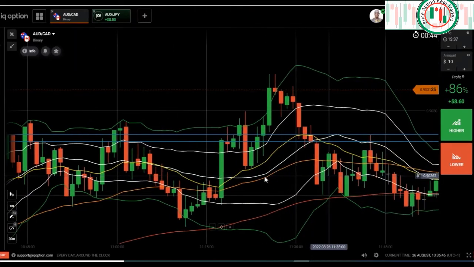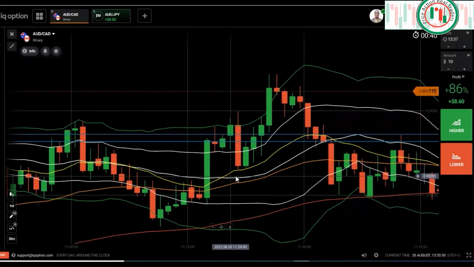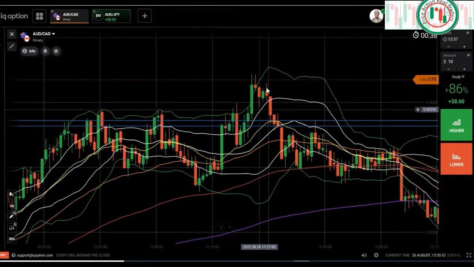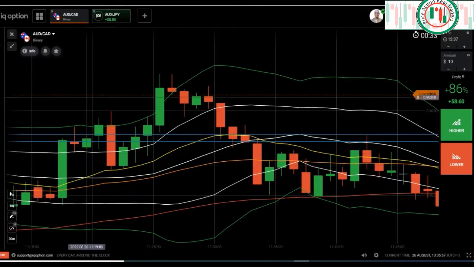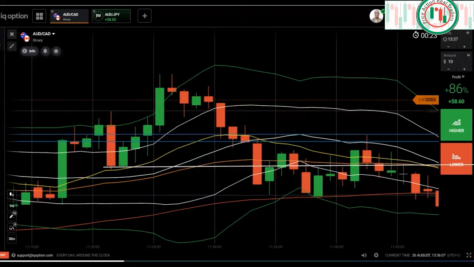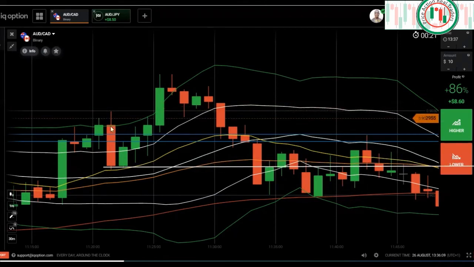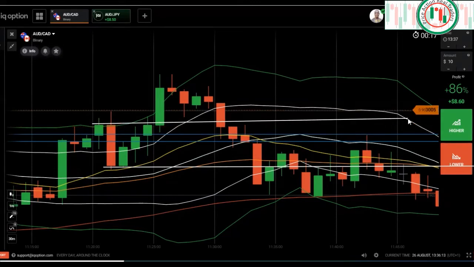You see here, this is strong uptrend here. You see, strong uptrend. But here is the zone here. You see here, all area here, the zone. You see here, this is the zone.